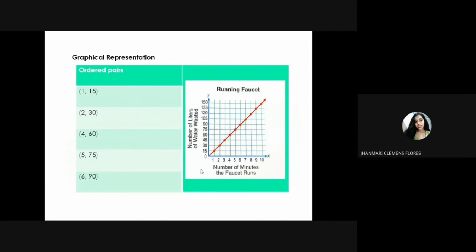And now we can understand these are the x coordinates. It belongs below here because these usually are the independent variables, and the independent variables represent the number of minutes the faucet runs, while the number of liters of water wasted is right here. It's from 0 to 150.